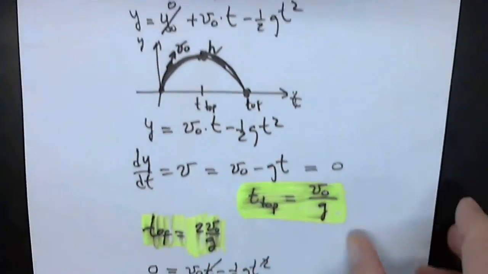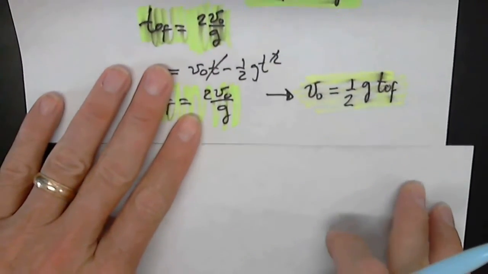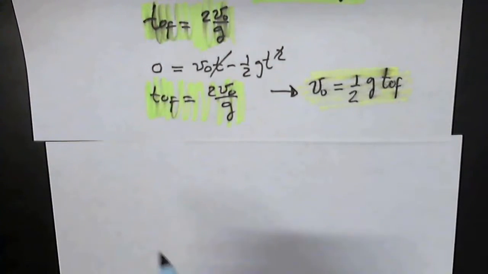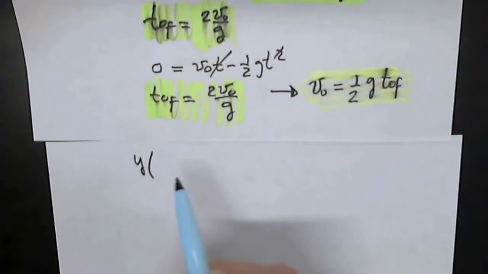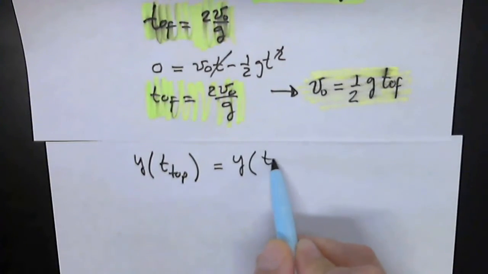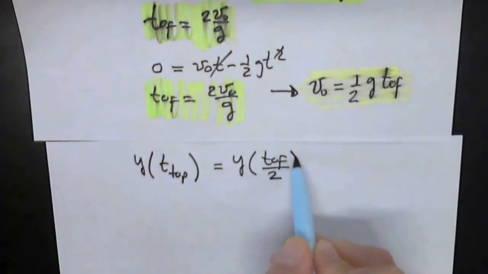Now, how to find the rebound height? How to find h? To find h, you need to evaluate y at the top, or y at the time of flight divided by 2.